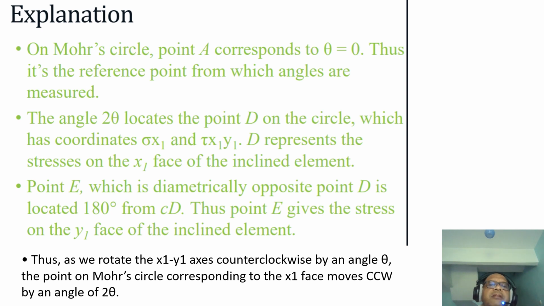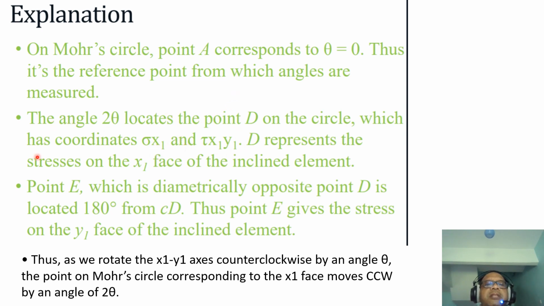So, explanation. On the Mohr circle, point A corresponds to theta equals 0. Thus, it is the reference point from which angles are measured. The angle 2 theta locates the point D on the circle, which has coordinates sigma x1 and tau x1.